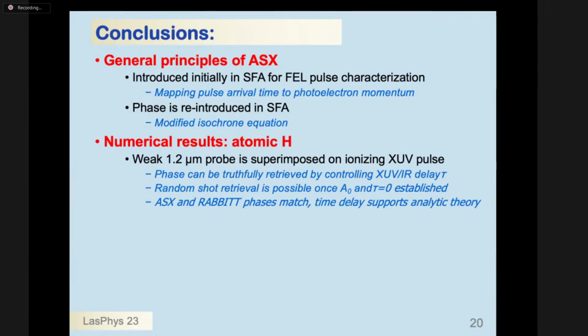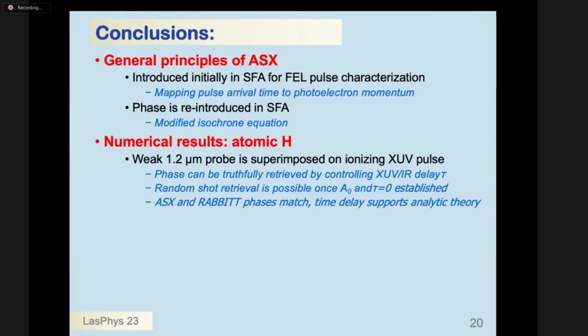It was introduced initially within the framework of the strong field approximation, solely for mapping pulse arrival time to photoelectron momentum distribution. We went beyond the SFA and we reintroduced the scattering of photoemission phase by way of a modified isochron equation.